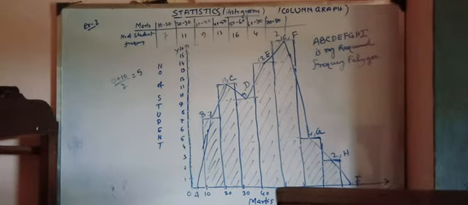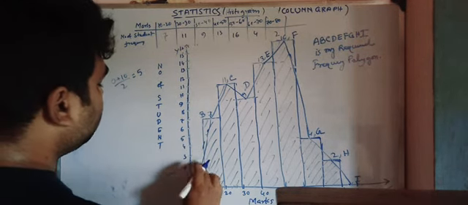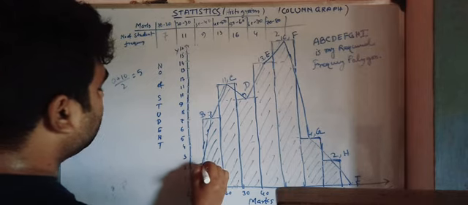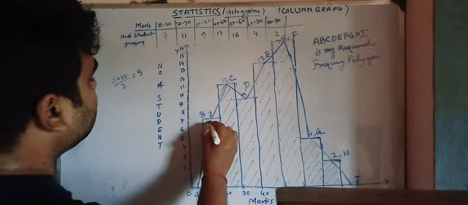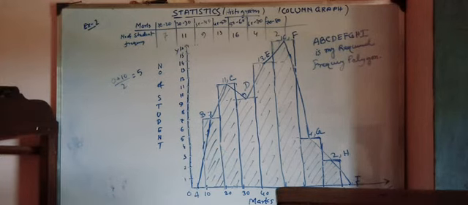Understood that? So that is the concept of frequency polygon. I am giving you the concept of frequency polygon as well as the histogram. I hope that you understand it.